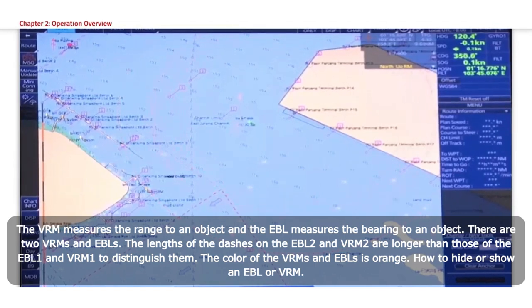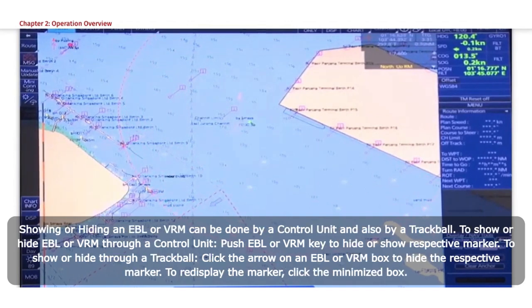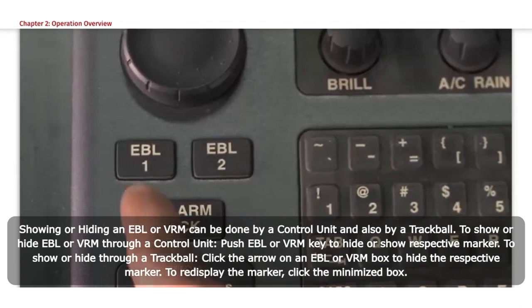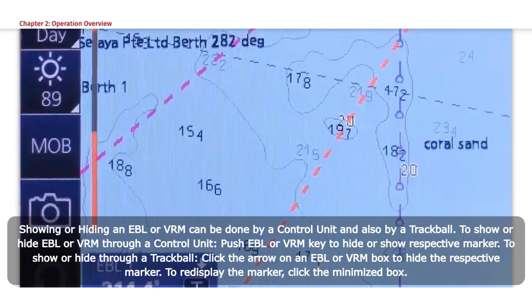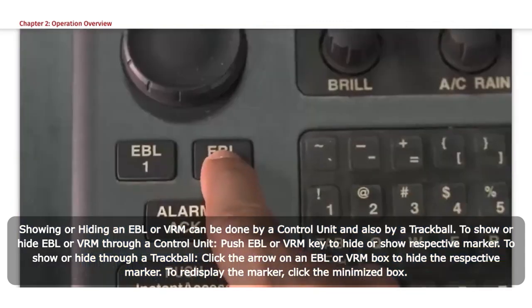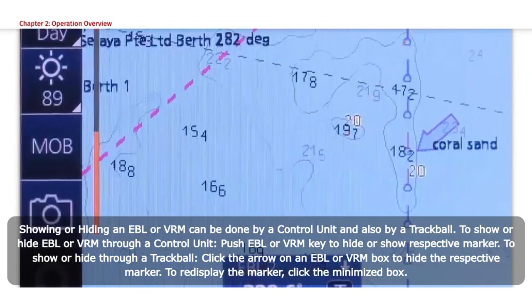How to hide or show an EBL or VRM. Showing or hiding an EBL or VRM can be done by a control unit and also by a trackball. To show or hide EBL or VRM through a control unit, push the EBL or VRM key to hide or show the respective marker.